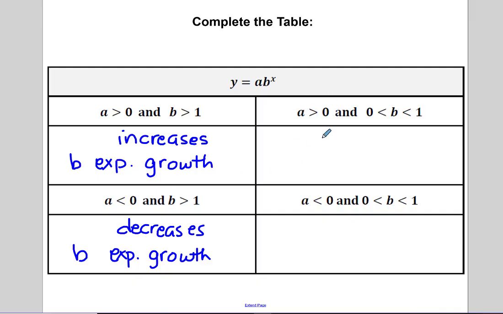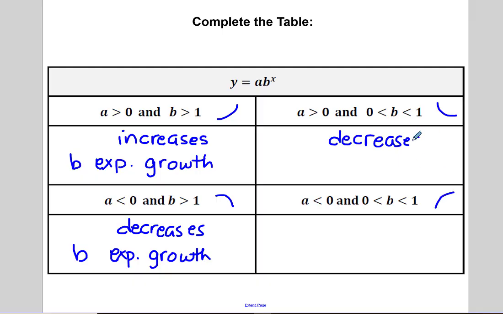Then when A is positive and our base is a fraction, a number between 0 and 1, we would have positive decay, so the graph would decrease because that would go this way, or this one would go this way, and this one would go this way.